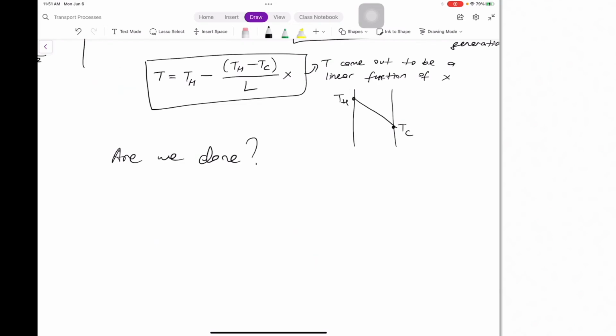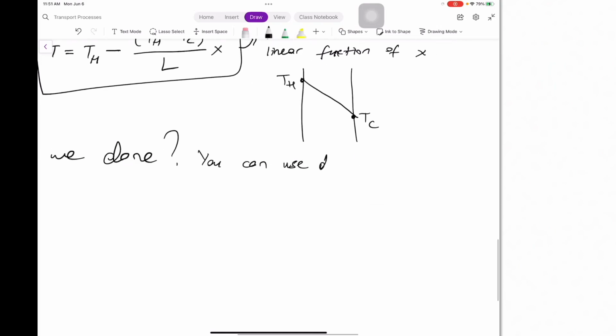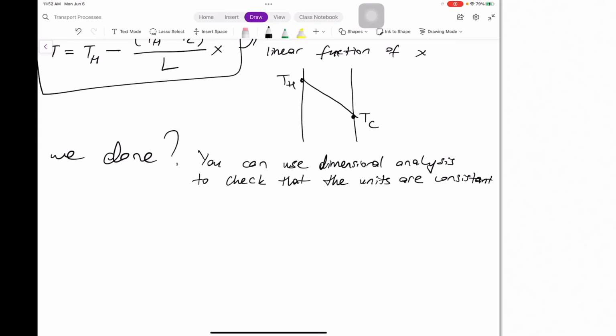There are a couple of things you should check. For example, for this problem, you can use dimensional analysis to check that the units are consistent, meaning that you have the same units on the left and right hand side of the equation.